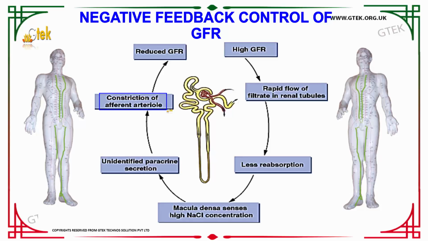When you constrict the afferent arteriole, there will be a reduced GFR, that is, a reduced glomerular filtration rate. So this is how we give negative feedback control of GFR.